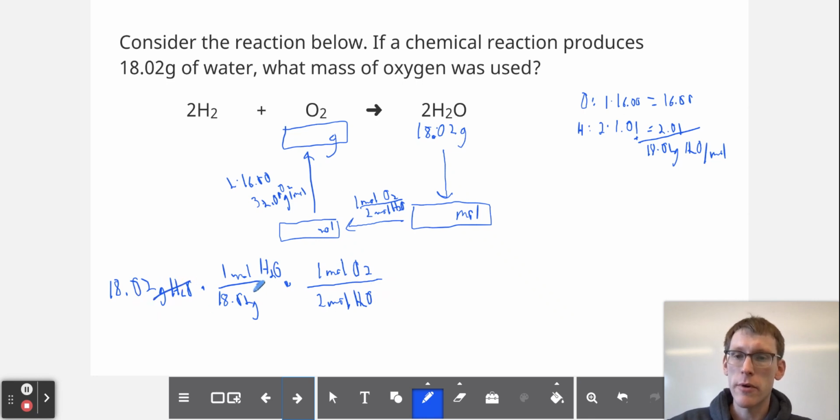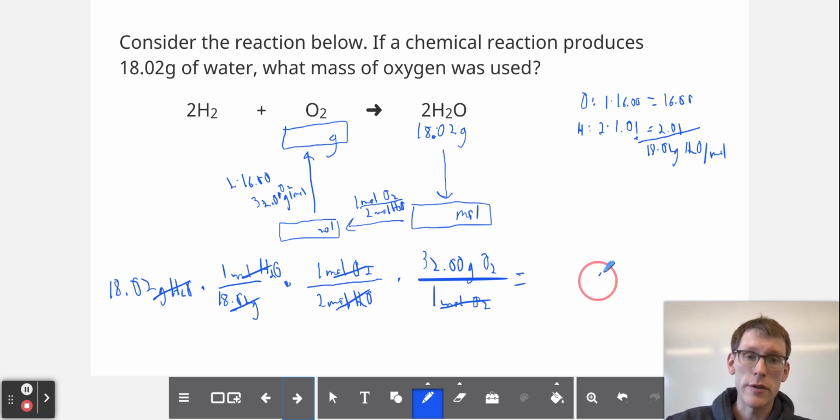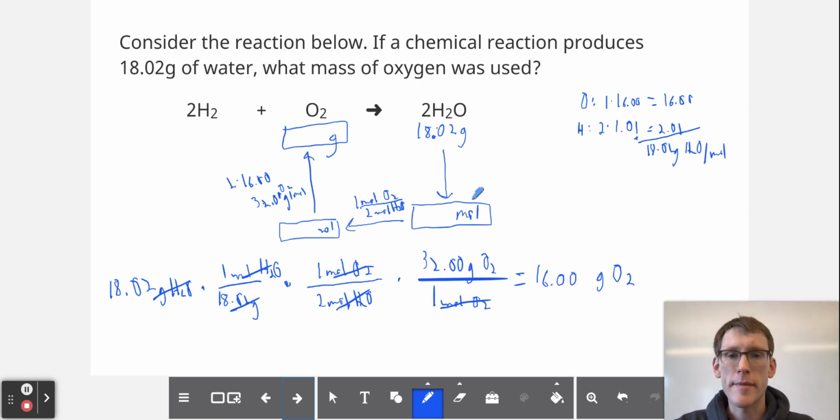So my grams of H2O are canceling out. My moles of H2O are canceling out. I've gone 1 step, 2 steps, and I need 1 more step, which is to multiply by 32.00 grams of O2 for every 1 mole of O2. And the moles cancel out, and I'm left with grams of O2, which is exactly what I want in my answer. And if I do out the math here, I get 16.00 grams of O2 with the correct number of sig figs. So that's how you do a mass problem.